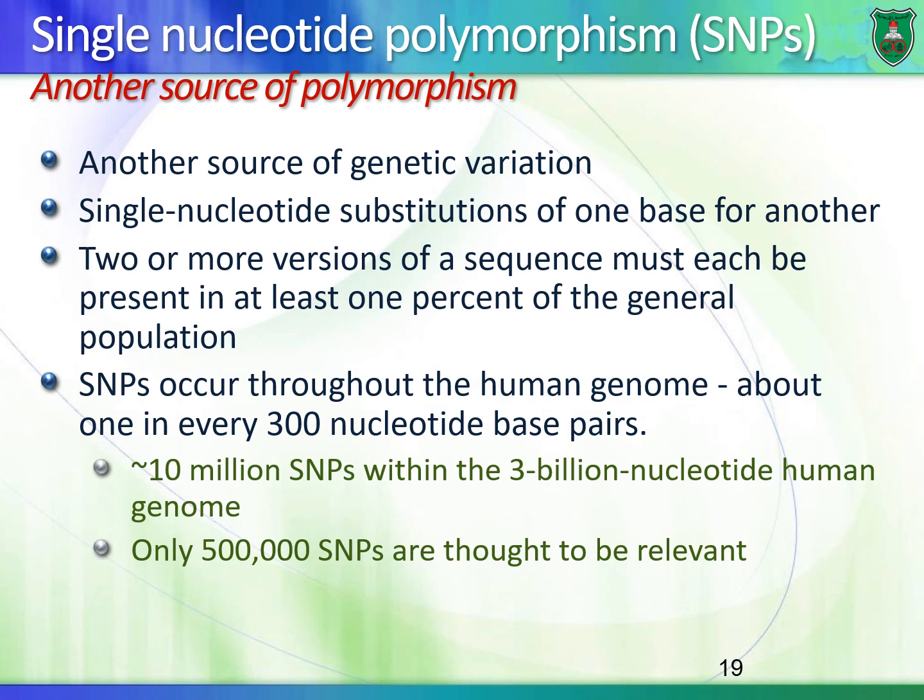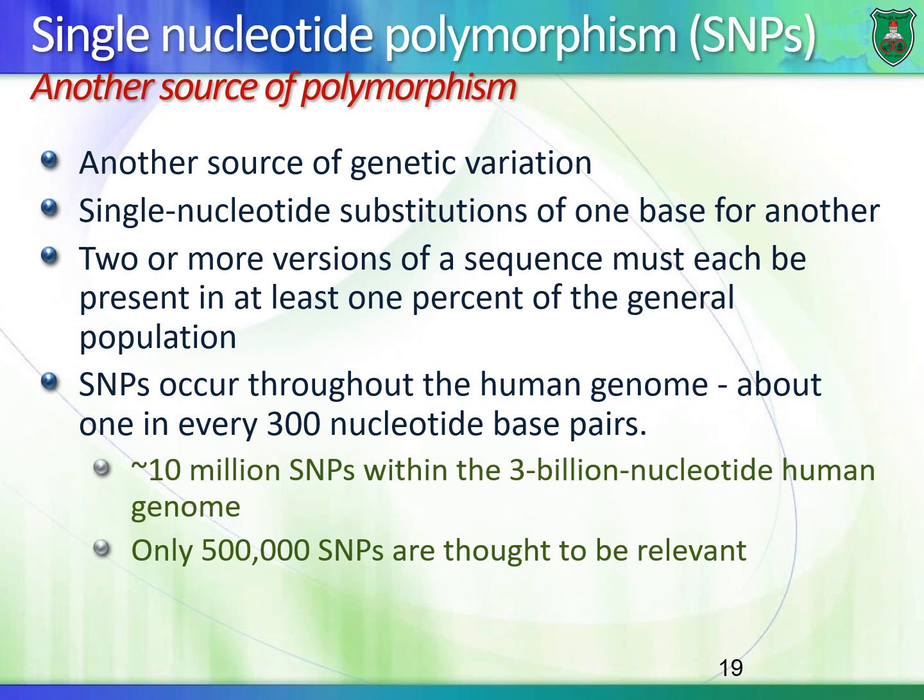So this is a major source of polymorphism. Basically, the idea is that at a single location on a chromosome or DNA, you have the same exact sequence, except that there is a difference in one nucleotide, and this is single nucleotide polymorphism.